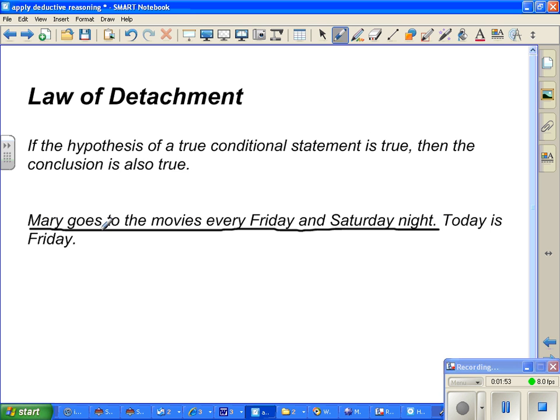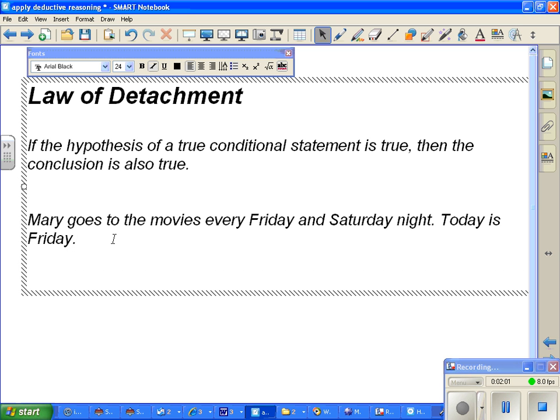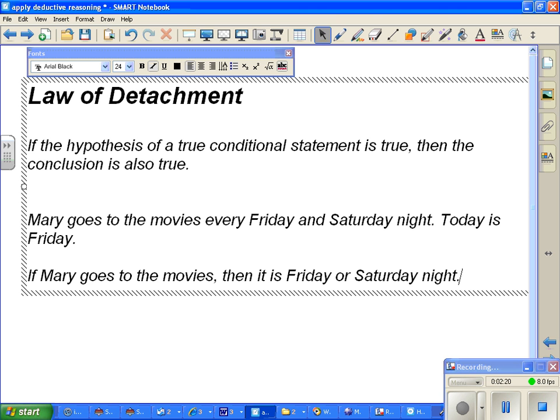If we were to make this into a conditional, into an if-then, let's go ahead and do that here. So it would be, if Mary goes to the movies, then it is Friday or Saturday night. There's my conditional.